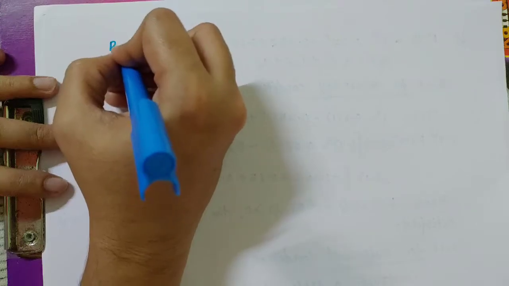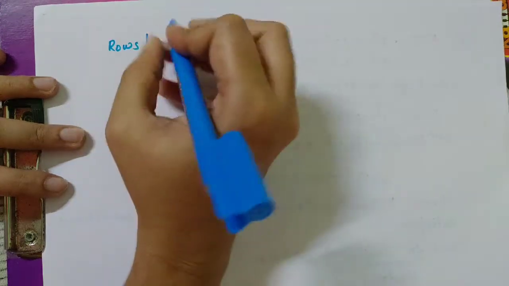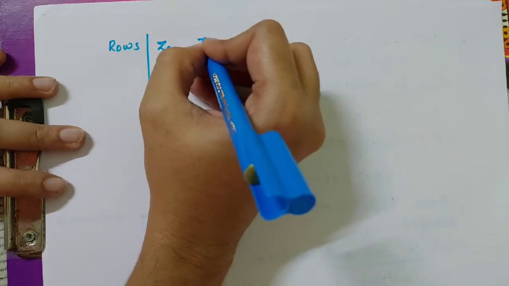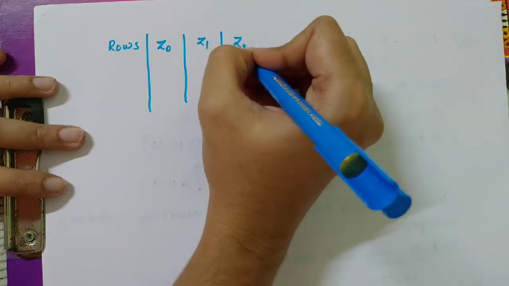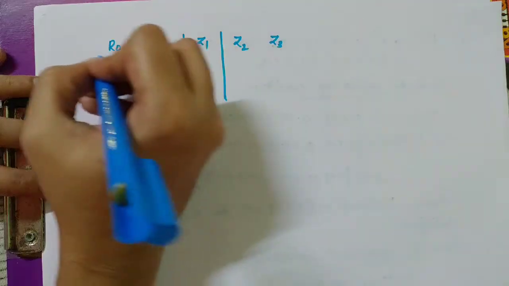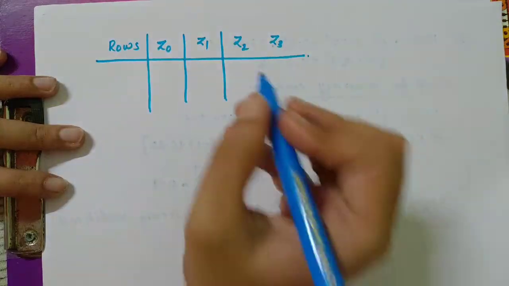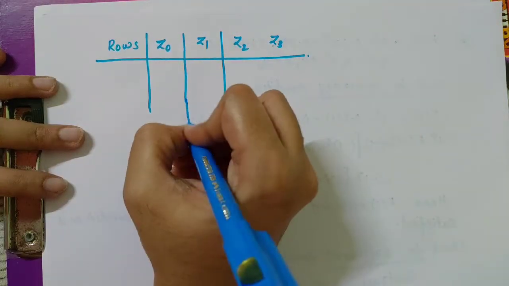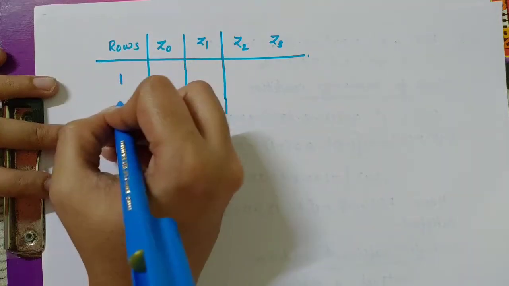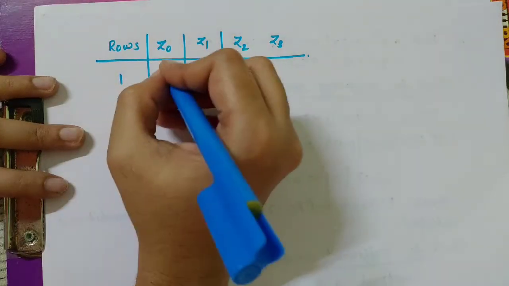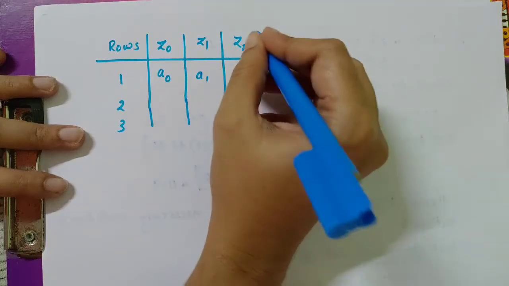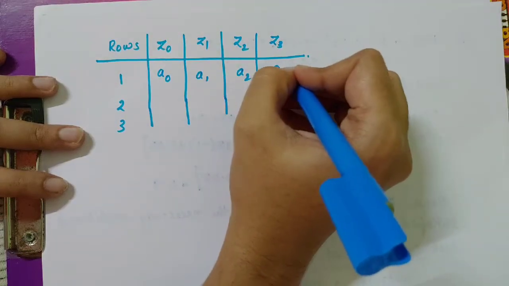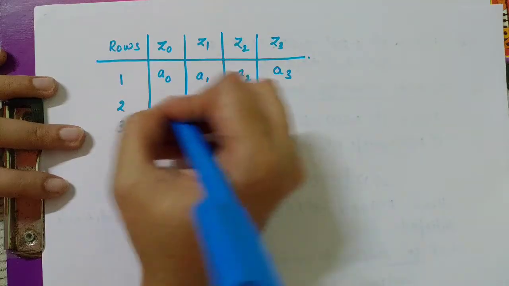നമുക്ക് റോസ് ഉണ്ടാക്കണം. അതിനുള്ള rows Z0, Z1, Z2 and Z3. Okay. 1, 2, 3. 3 rows ഉണ്ട്. A0, A1, A2, A3. So ഇത് തിരിച്ച് എഴുതുക.